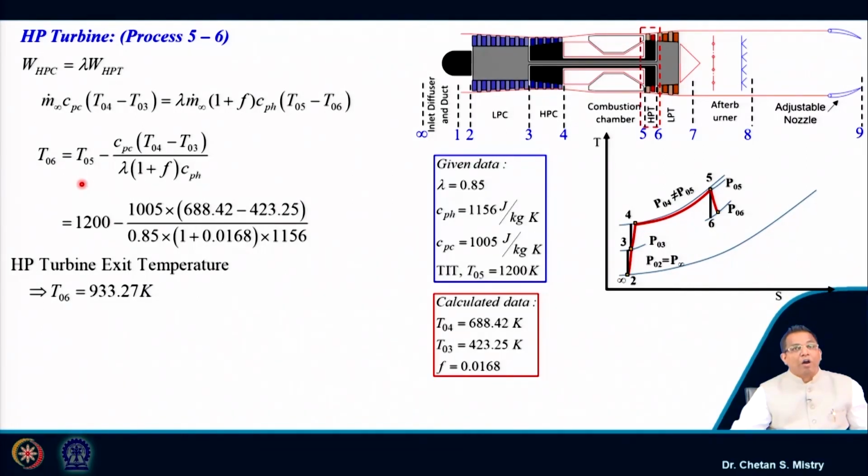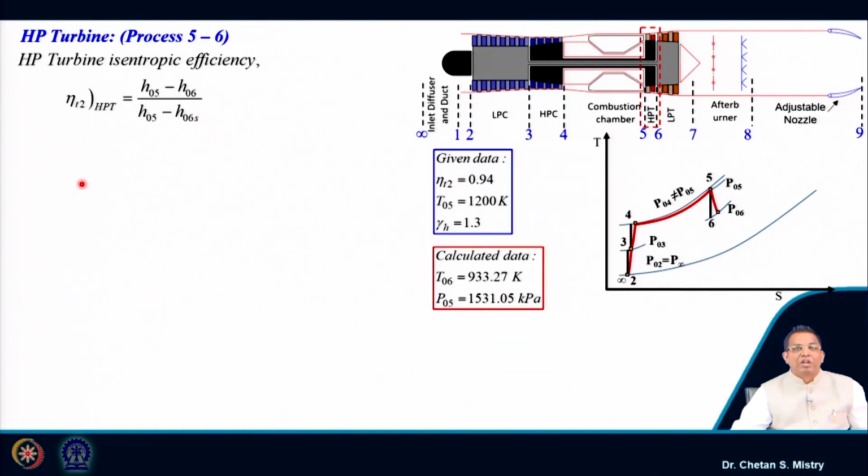Okay. Now, we know if we want to calculate my exit pressure from the turbine, we have our correlation in terms of temperature, pressure and efficiency for the turbine. So, let us put this formula. It says the expansion ratio is given in terms of temperature and efficiency.